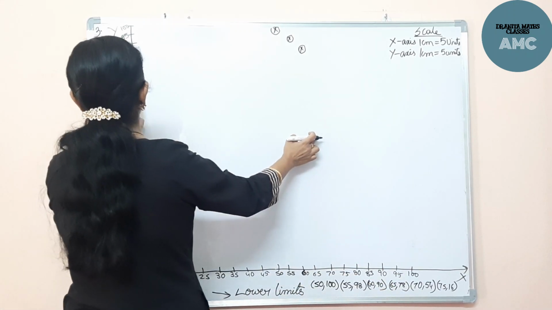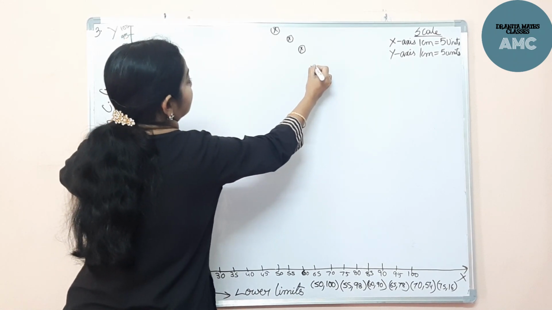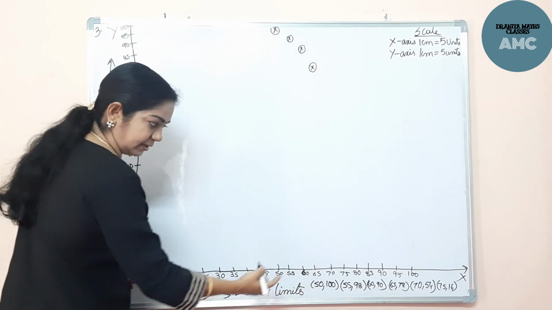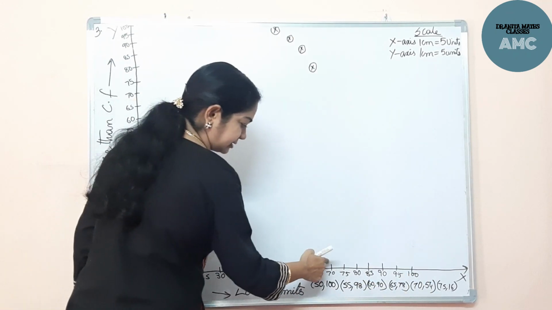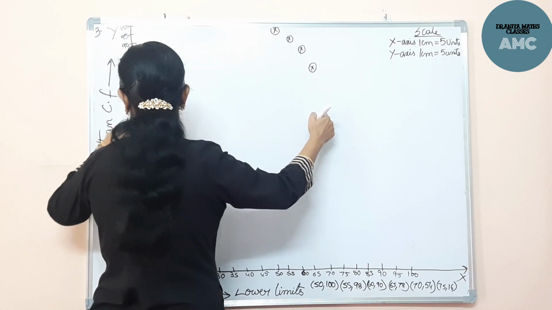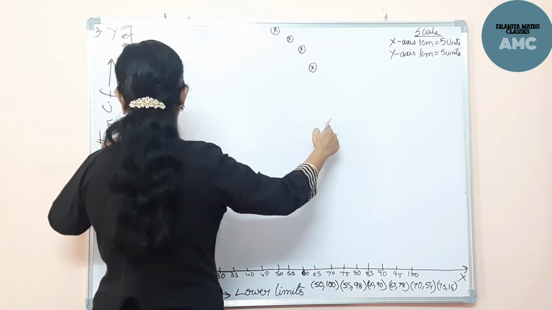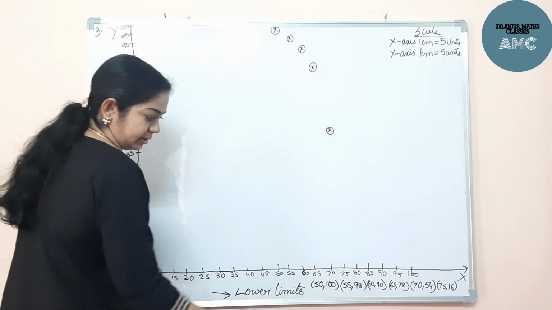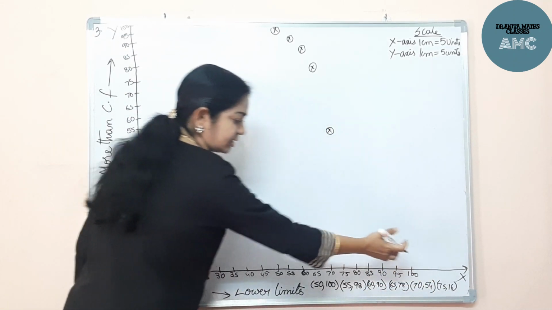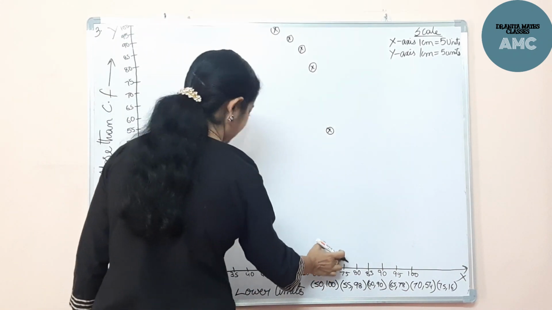Third point, 65, 78. At 65, here is 78, above 75, somewhere here. The next is 70, 54. 70 on the x-axis, go straight up to 54, that means just below 55. Okay, this point. And the last one is 75, 16. 75 on the x-axis, 16.